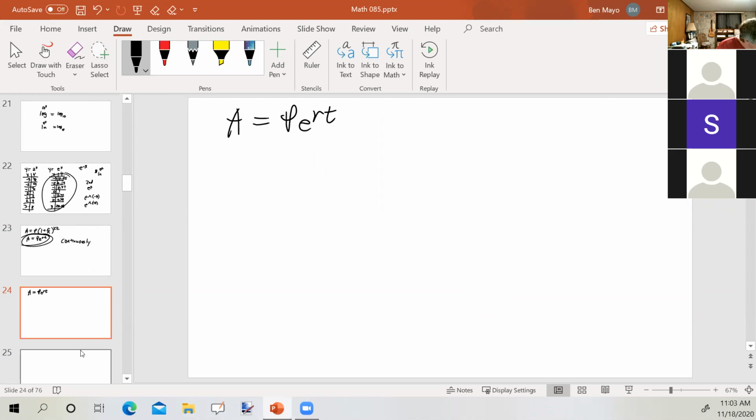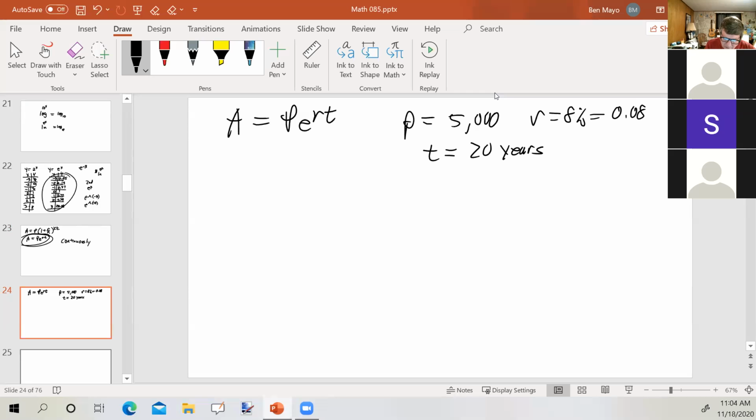It says, find A using the formula A equals P e to the RT power, given the following values of P, R, and T. If P is 5,000, R is 8%, which means it's 0.08, and T is 20 years.